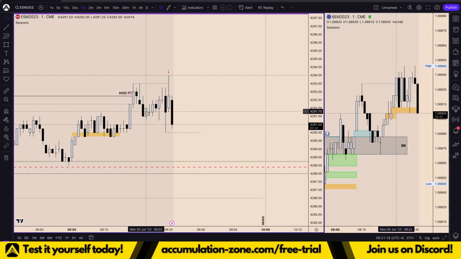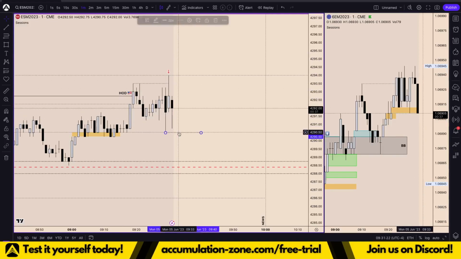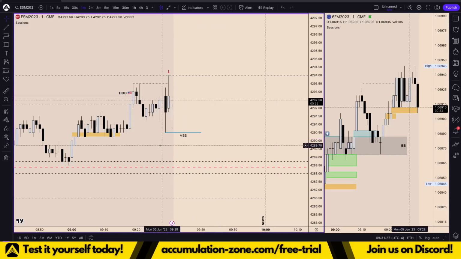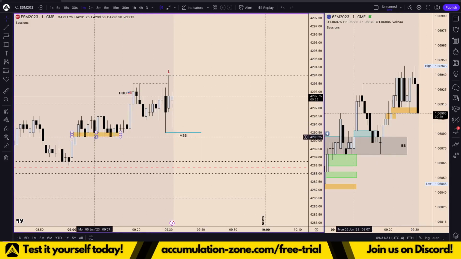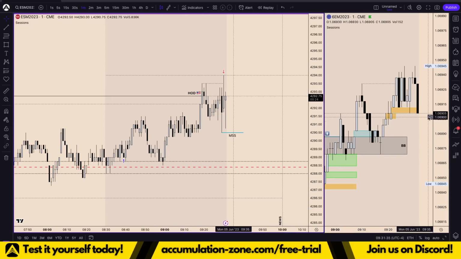We took out the high of today. Formed a new higher high. We're looking for the lowest low for our market structure shift bearish. Nice little 5-handle scalp.